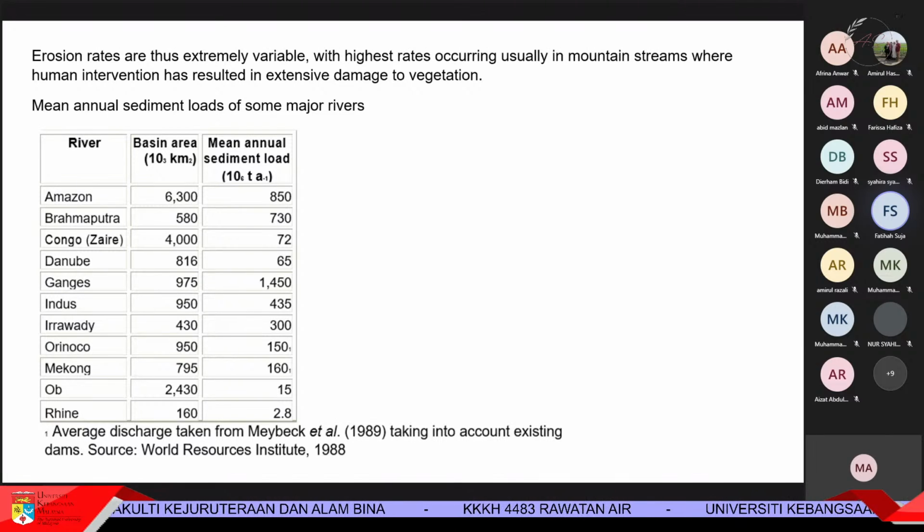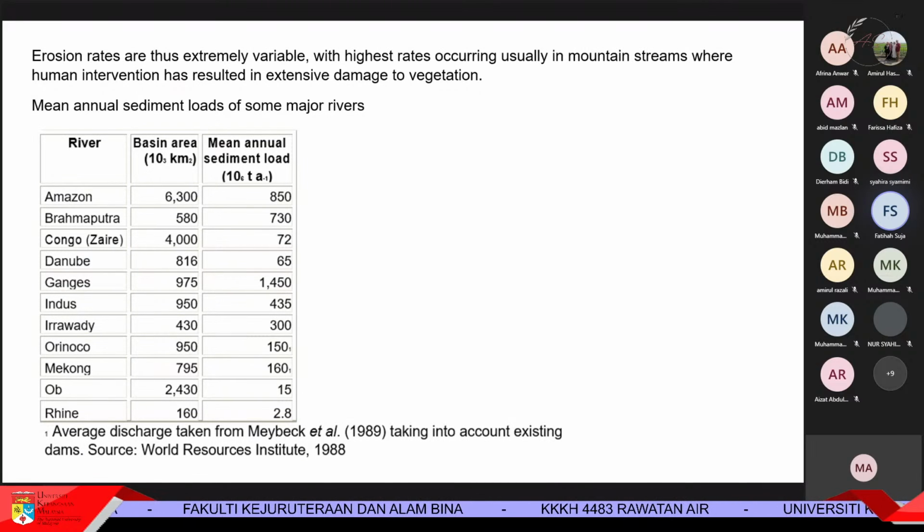So the mean annual sediment loads of some major rivers, you can see here, from the Amazon, the basin area is 6,300 times 10 to the power of 3 square kilometers. So the mean annual sediment load is shown. Then you can compare when you do your water treatment plant design.